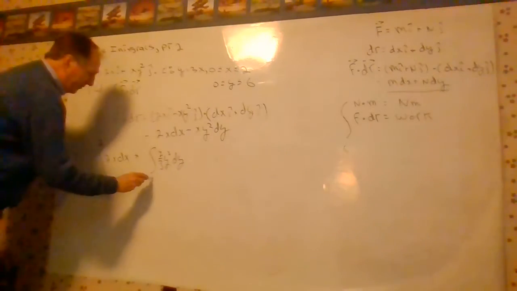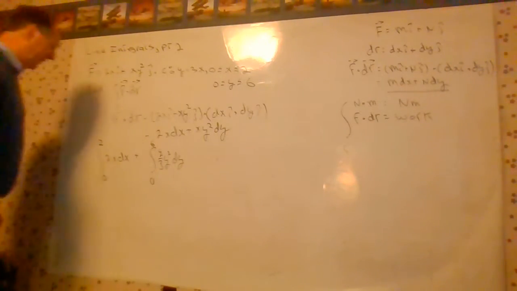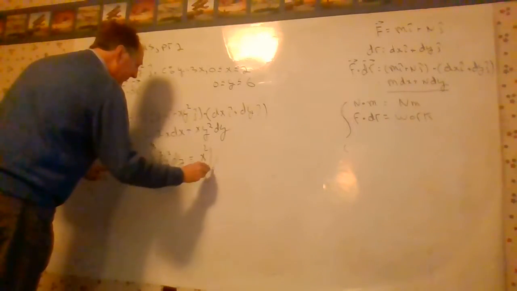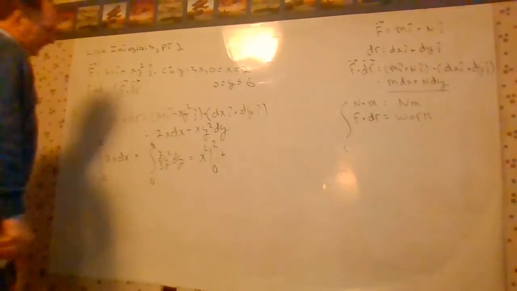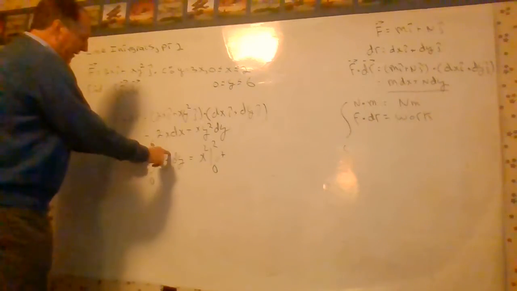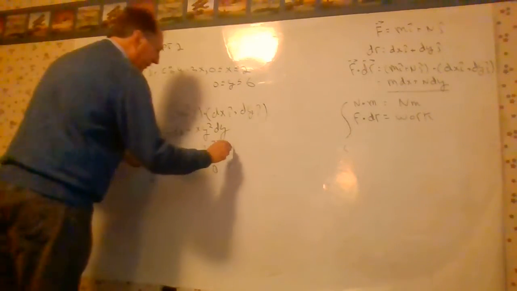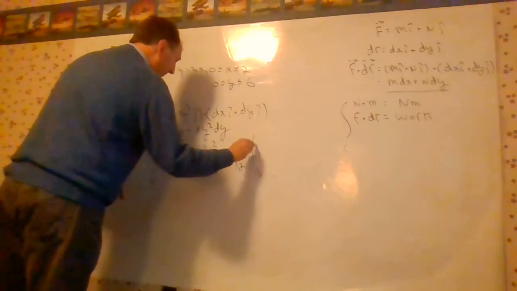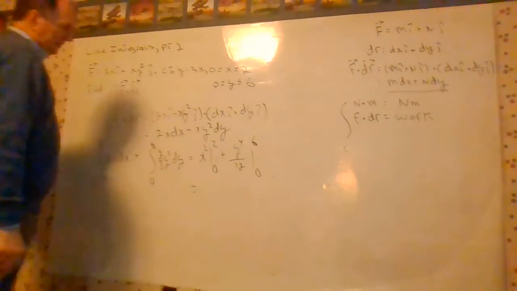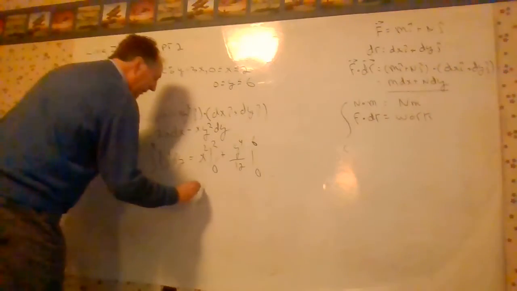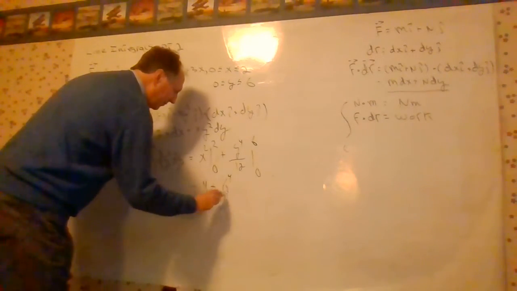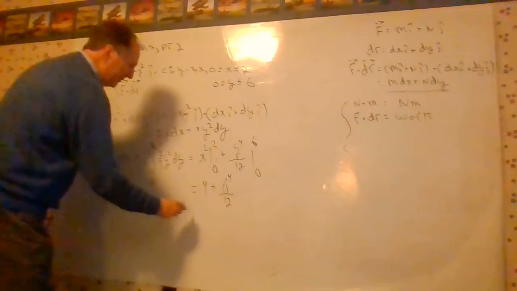So we'll set this up as a 0 to 6 integral. And this gives us x squared from 0 to 2. And that's really y cubed over 27 times y, gives us y to the 4th over 12 from 0 to 6. And that gives us 4 plus 6 to the 4th power over 12.